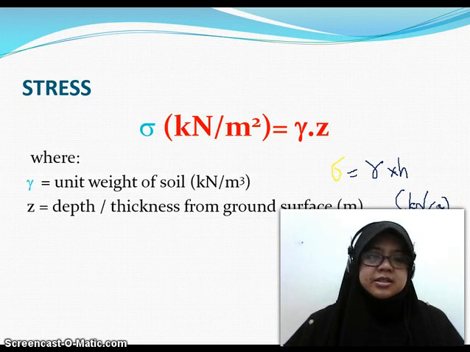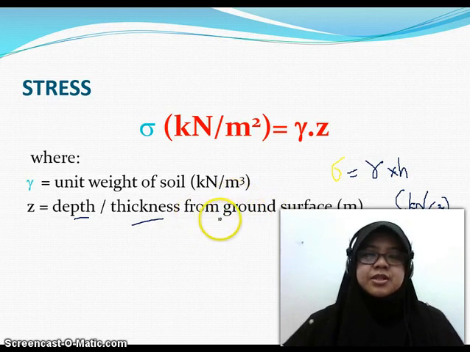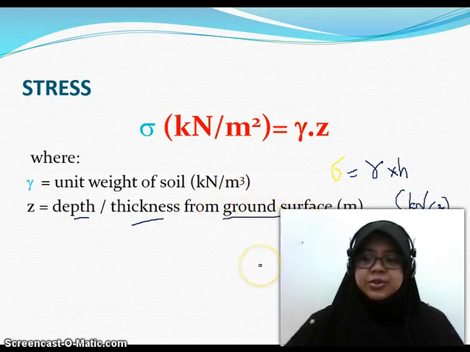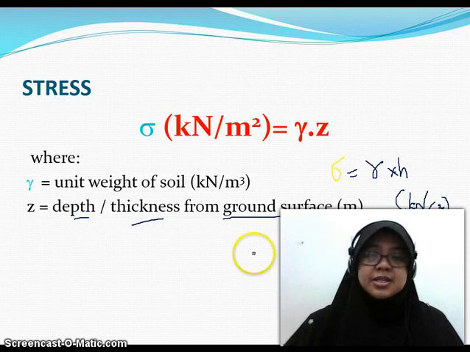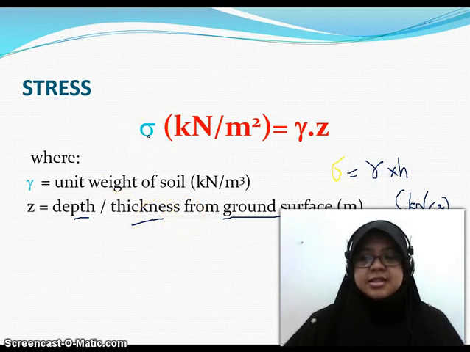The depth is the thickness measured from the ground surface. So the deeper it goes, the higher the stress.